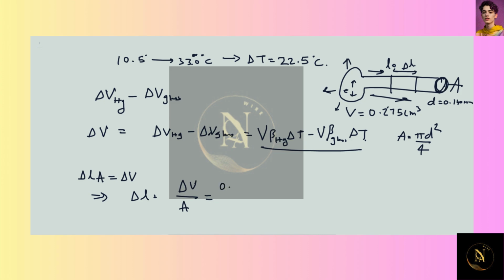Now, we know that delta V is this, so let's use that. That's V, that is 0.275, times delta T, which is 22.5, times beta Hg minus beta glass. That would be 180 into 10 power minus 6 minus 9 into 10 power minus 6.